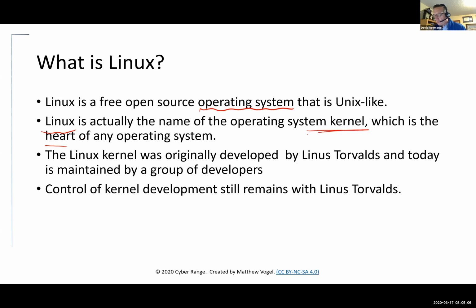And the Linux kernel was developed by a guy named Linus Torvalds back in the early 1990s, and it's a bit of an interesting story if you're into this kind of thing.